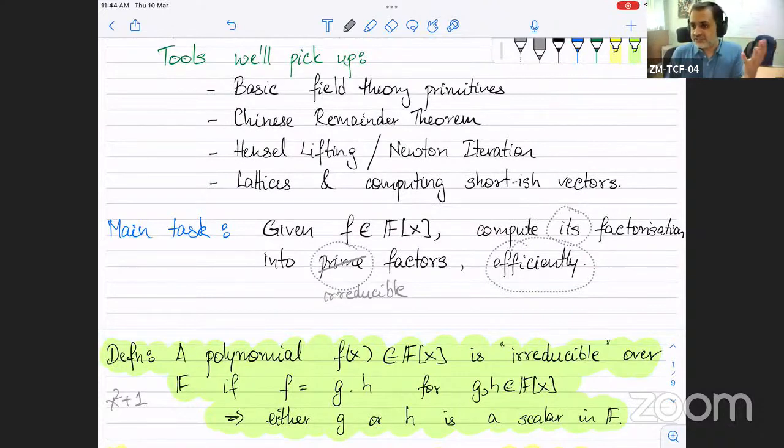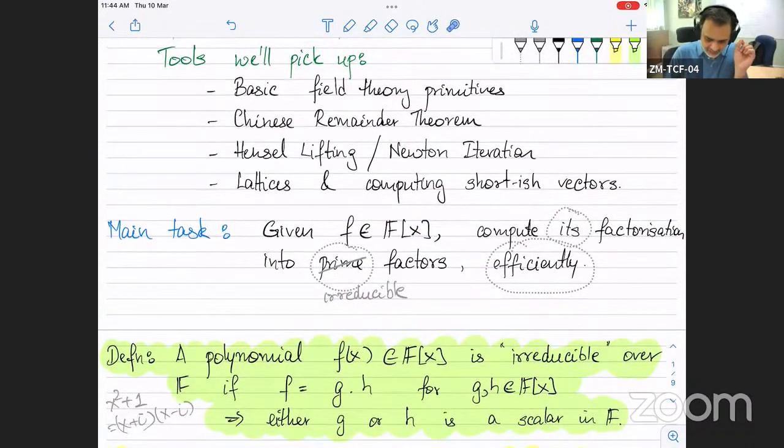But if your field was instead the complex numbers, then you can write this as (x plus i) times (x minus i). So it's important to pay attention to what this field is. In the definition, this field plays a role in the sense that g and h both have coefficients that come from F. That's important.